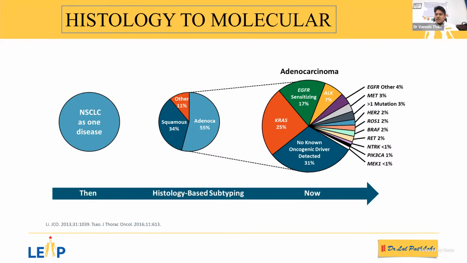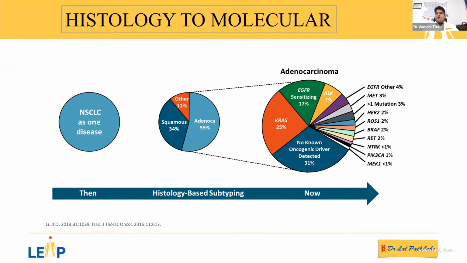If you look at the molecular makeup of adenocarcinomas, EGFR sensitizing mutations comprise 17% in this particular study, whereas there is varying difference of positivity between Caucasian population, which is minimal, about 2% to 5% 5 years back, now being increased to 10 to 15%. In Asian population, it is about 40%.